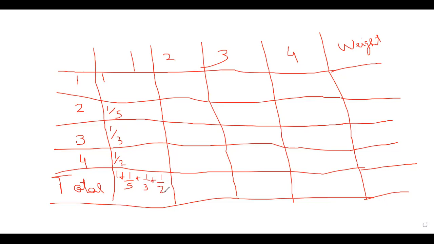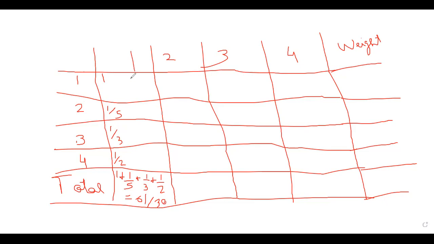Okay, so once I get this total, I should divide each of the numbers by this total. So the total is 61 over 30. So now I will use another color to construct the new elements.